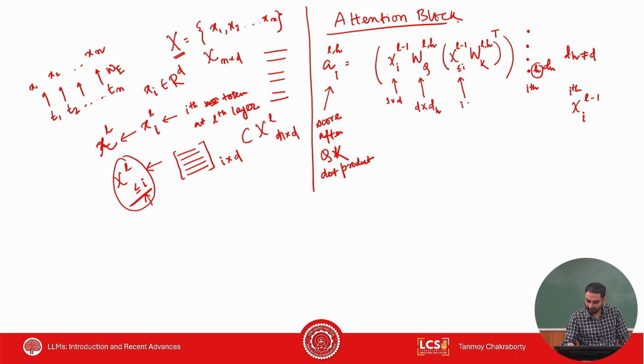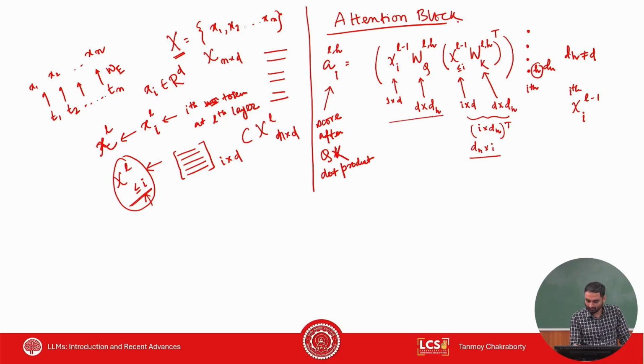What is the dimension of this? This is I cross D. What is the dimension of this? D cross DH. Okay, so from I cross D and D cross DH, I will get I cross DH. Okay, and this will be transposed, so I'll get DH cross I, right?